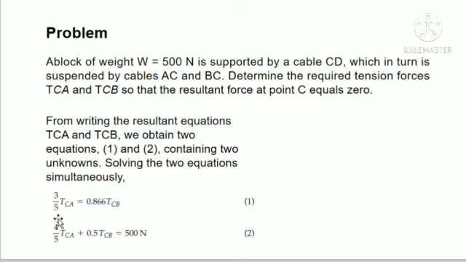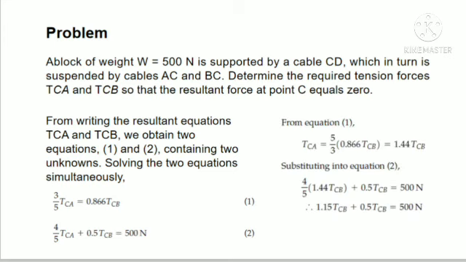We have 4 over 5 tension CA plus 0.5 tension CB is equal to 500 Newton. This 0.866 is from cosine 30, and this 0.5 is from sine of 30. So we have now our equation 1 and 2.